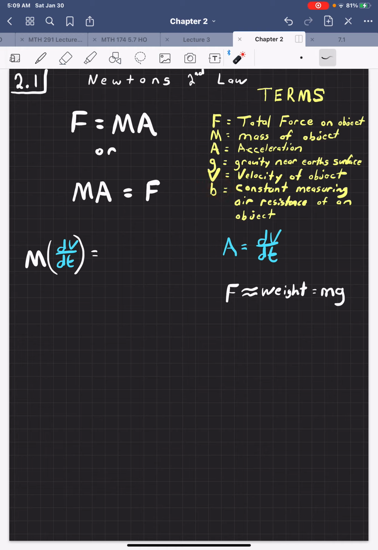So what I'm going to do now is, I've rewritten ma, and now I'm going to rewrite F. Why? Because, again, I need it to look like a differential equation if I want to solve it. So in this case, we're going to rewrite F, and it's just going to be m multiplied by g minus bv.